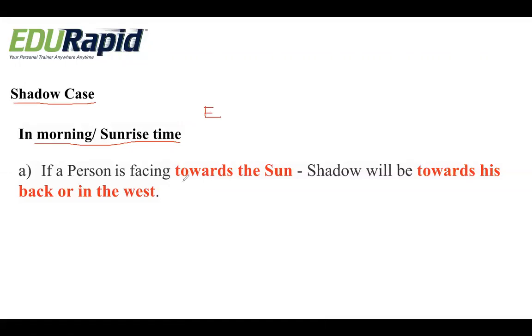If a person is facing towards the sun, that means he is facing east. What will happen? If the person is facing towards the sun, the shadow will be towards his back, or in the west. His shadow will be just behind him. If he is facing the sun or east, the shadow will be towards west.